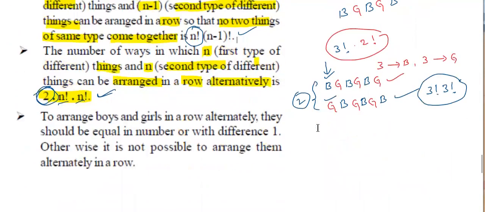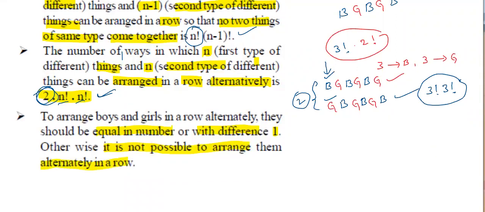Next, last formula. To arrange boys and girls in a row alternately, they should be equal in number or differ by 1. Otherwise, it is not possible to arrange them alternately in a row.